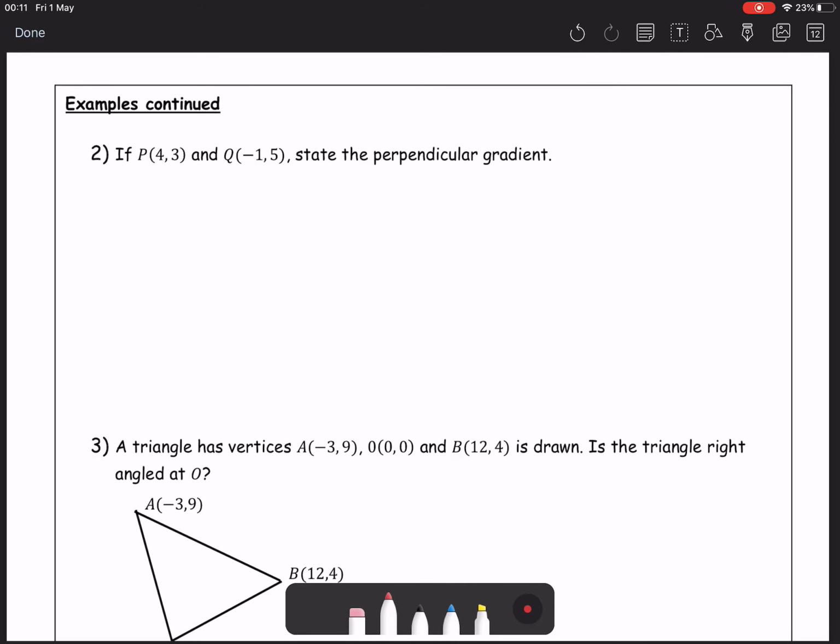In 2, given 2 coordinate points, we need to work out the perpendicular gradient. So we first of all need to work out the gradient of PQ using our gradient formula.